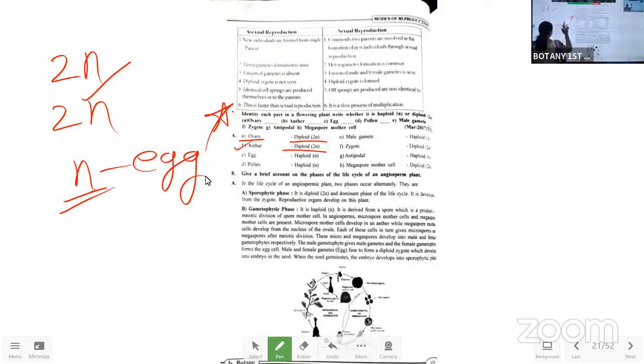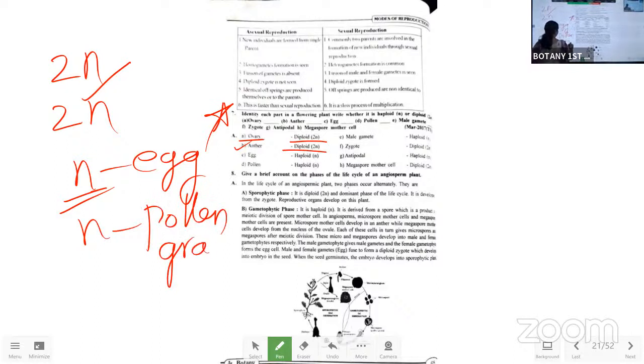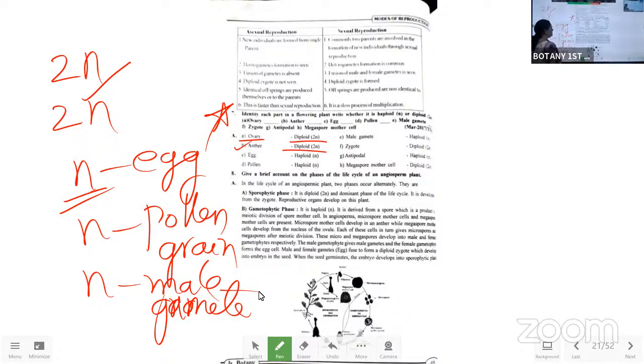Pollen grain. Pollen grain is also haploid in number, because these are formed by meiotic division, reduction division. Next comes the male gametes. Male gametes are always haploid. When pollen grain is haploid, male gametes are also haploid; no chance of becoming diploid there.